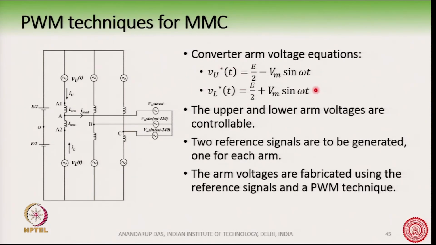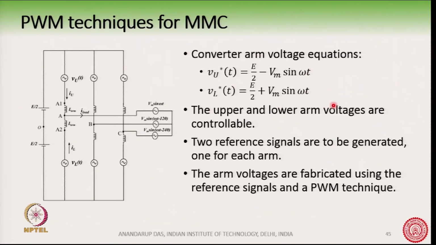So, VU star and VL star are the references for the converter arm voltages, which means we would like to have the arm voltages behaving as per this equation.